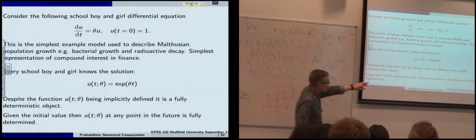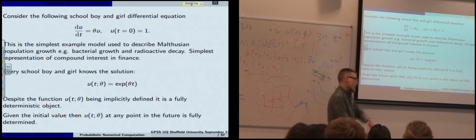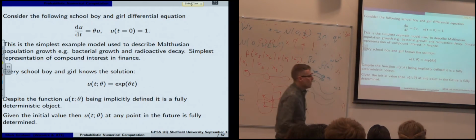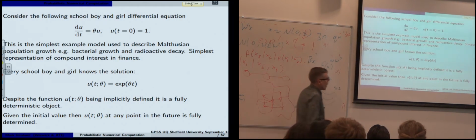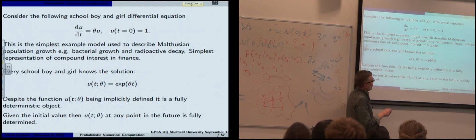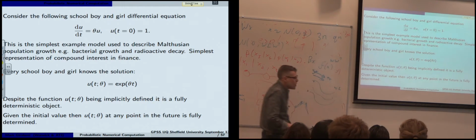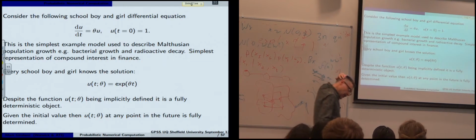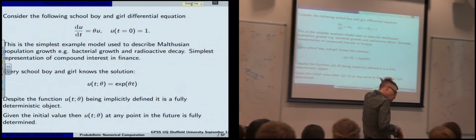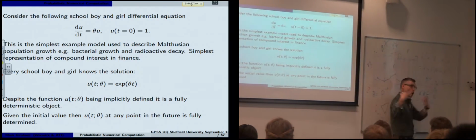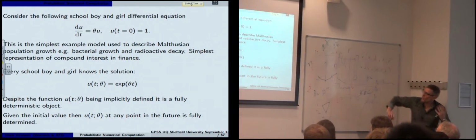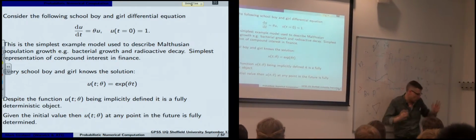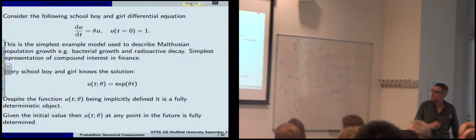So once we know what the initial value is, then at any point in time in the future, we know absolutely what the value of u would be. It's fully determined. Okay? So we've got a nice little clockwork model, representation of whatever it happens to be, our radioactive decay or our bacterial growth or population growth, whatever.